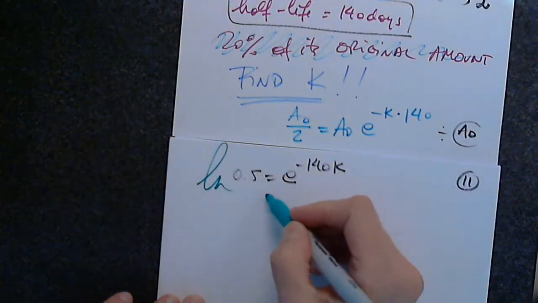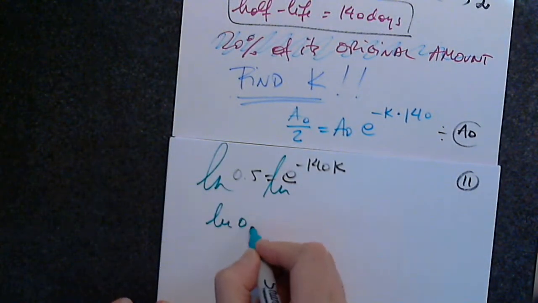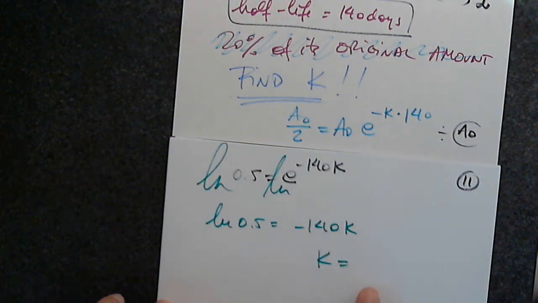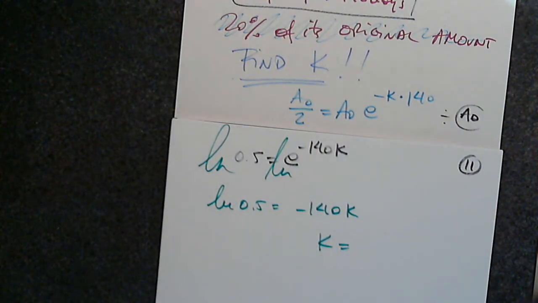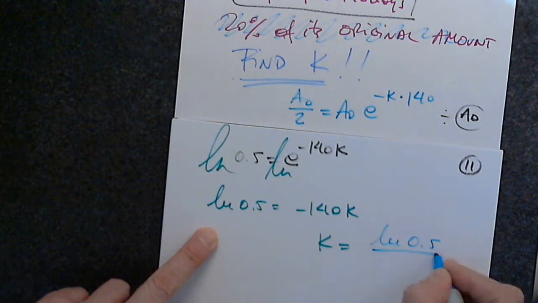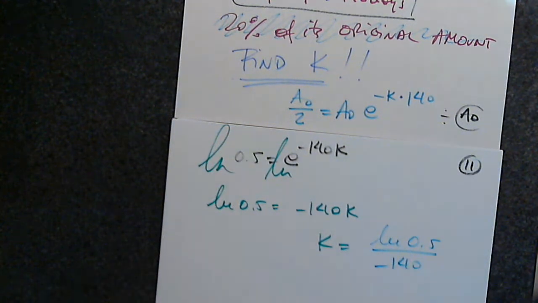Natural log indeed. So natural log of 0.5 equals negative 140k. And now k is natural log 0.5 over negative 140. Excellent. With a calculator. So we have natural log 0.5 divided by, in parentheses, negative 140.